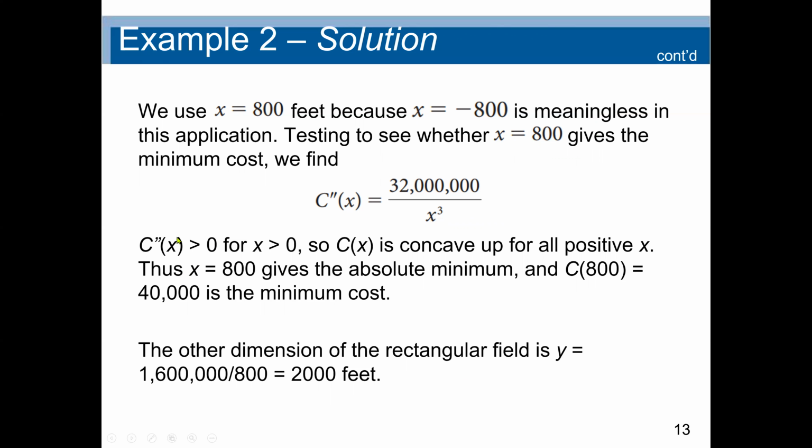So here we say it's greater than 0 for every x, just by looking here, every x that is greater than 0 gives a value greater than 0. Which means C of x is concave up for all positive x values. Again, when we want to find a point of inflection or where it's concave up and down, we use the second derivative. When we're looking for relative minimum and maximum, we use the first derivative.